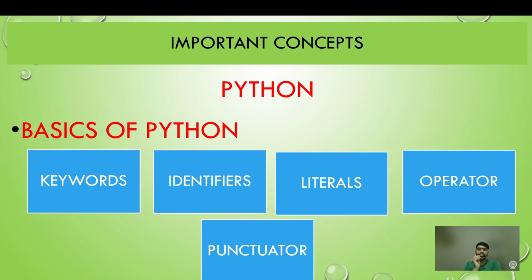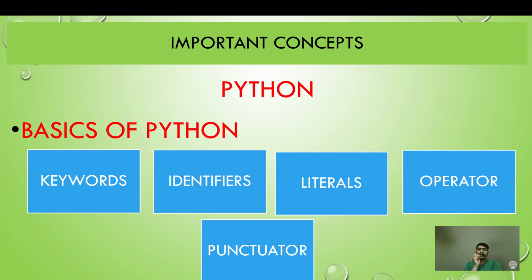Then come to identifiers. What do you mean by identifiers? Identifiers are the names given to different parts of the program, like class, function, object, variables. Whenever we give a name to a variable, an object, or a class, we refer to the identifier rules.